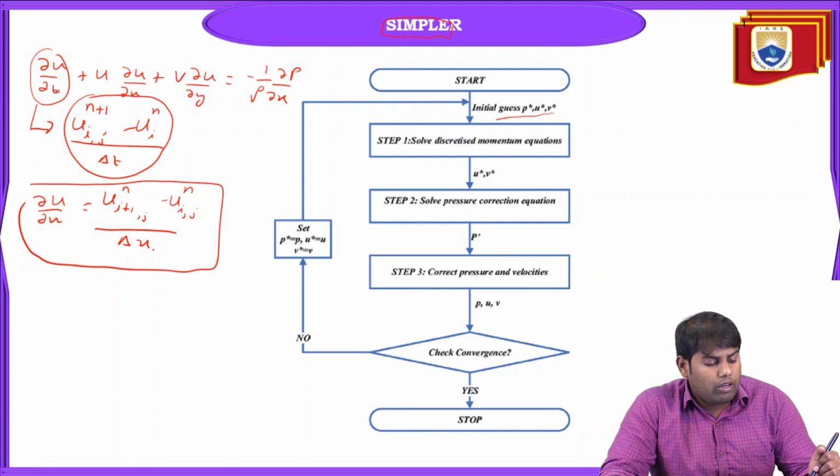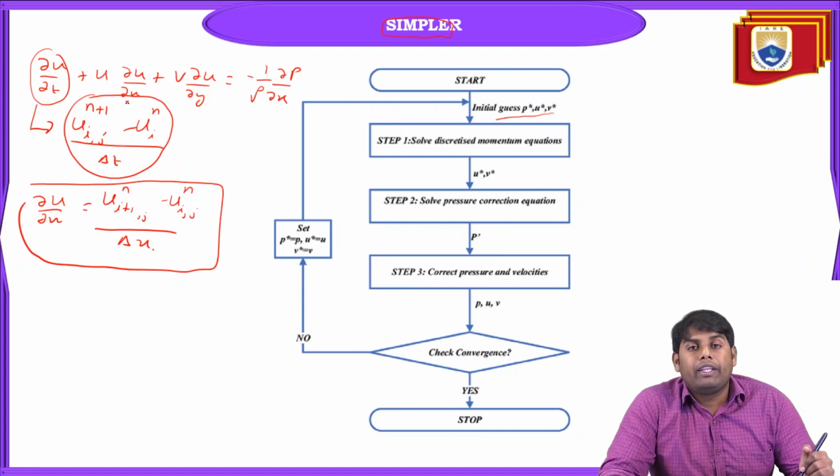We will write these in the form of linear equations, in index notation i, j, i plus 1, j, i, j plus 1. In this way we write those equations, and we call them discretized equations.